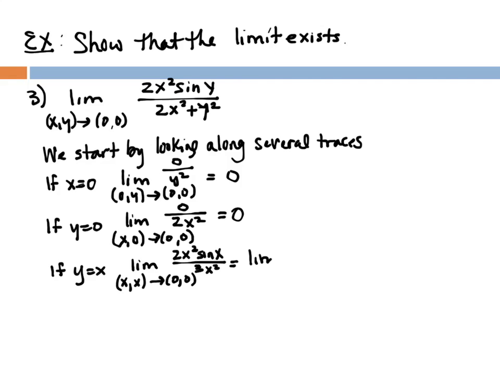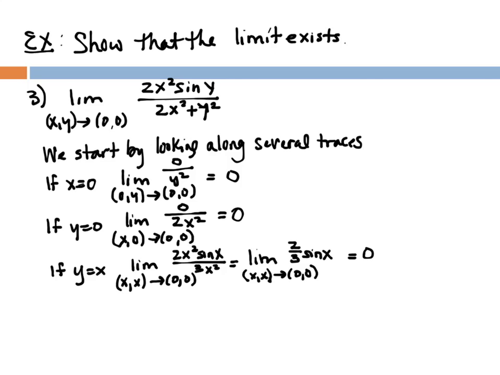So at least this one has a little bit more interesting results. So this actually would be 2/3 sine of x, but the limit of that is going to be what? 0. Still 0, because I still have sine of 0.